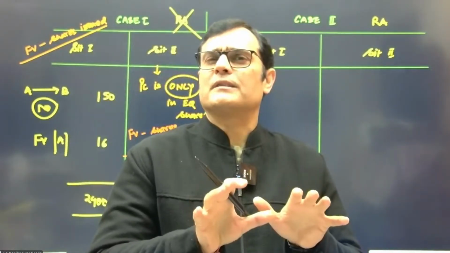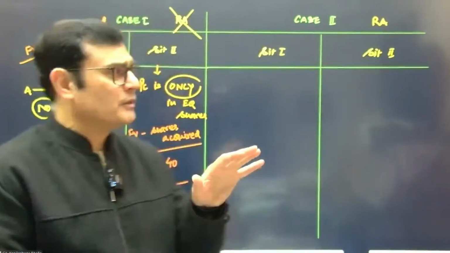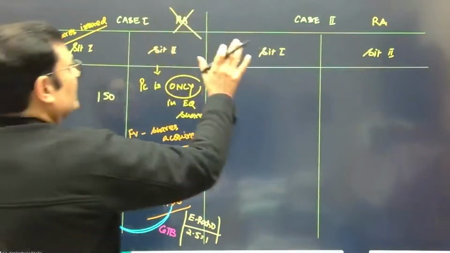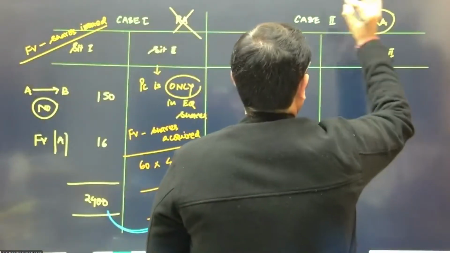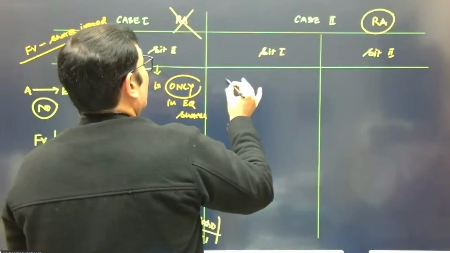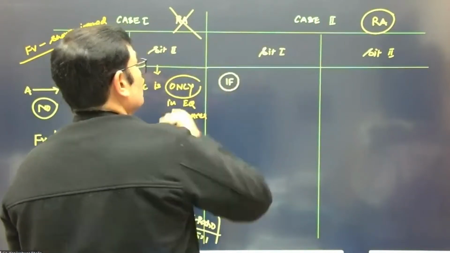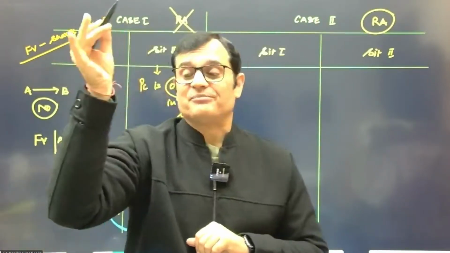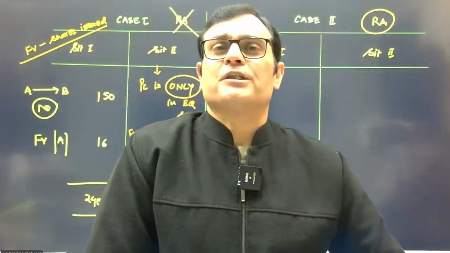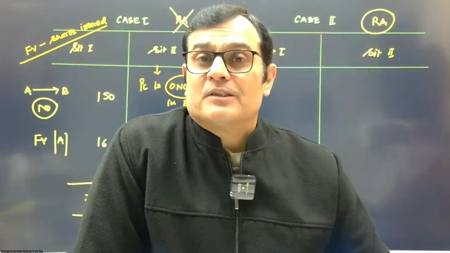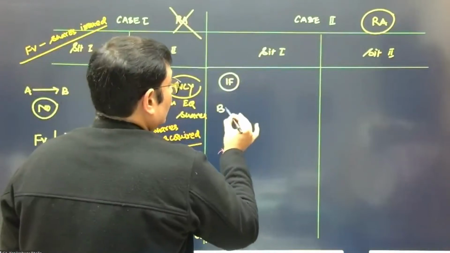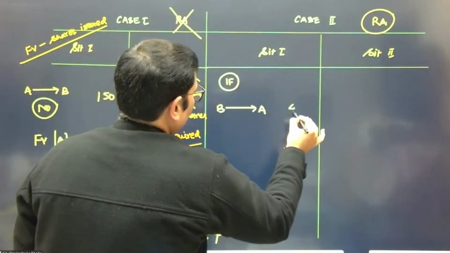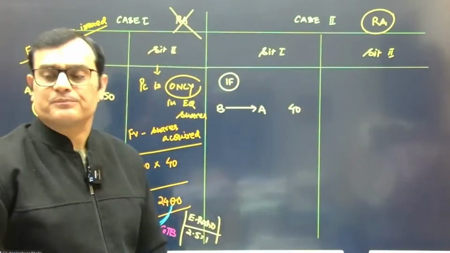I know there are more questions coming to your mind, which I will answer very shortly. Now, as we said in situation number 1, if it is a reverse acquisition, I need to see how many shares would have been issued if B would have given the shares to the shareholders of A. I think we calculated that was 40 shares.